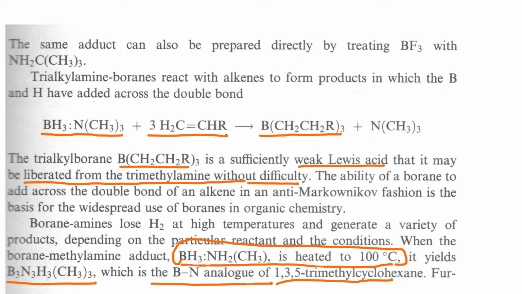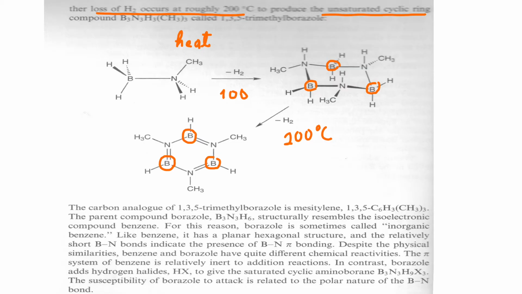And we're going to proceed with heating the adduct in the oven at 100 centigrade. It will form the cyclic B3N3 ring, and if you heat it to 200 degrees, it will form the cyclic compound B3N3 with conjugated pi bonds, like what happens in the aromatic carbon compounds.